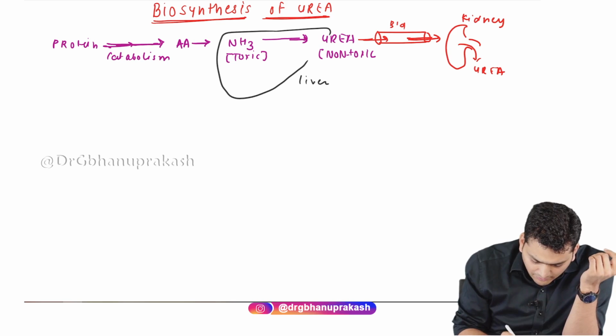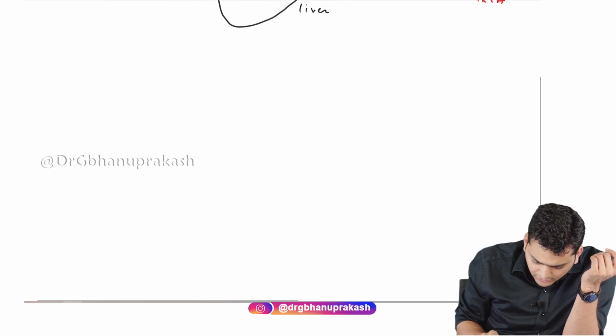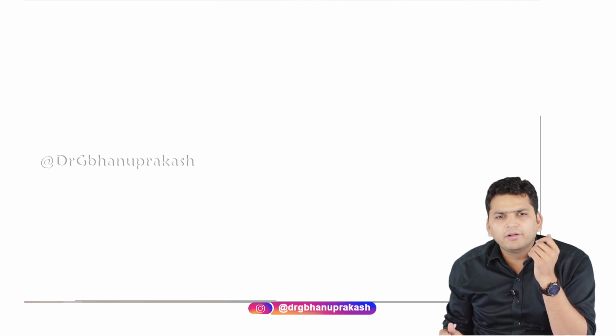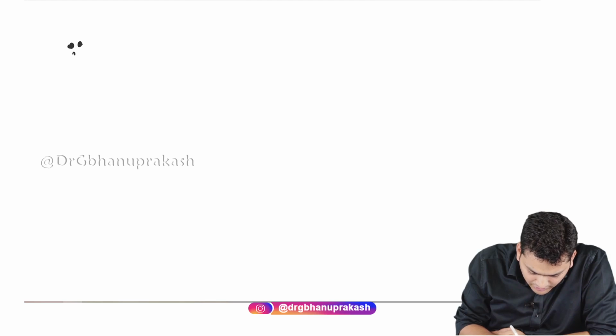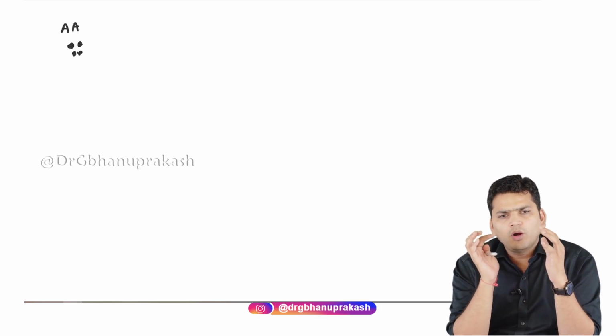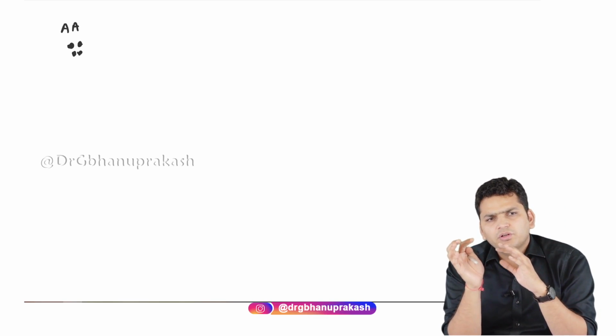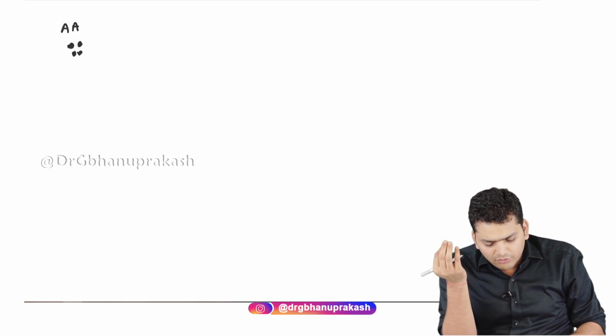To understand the micro details, I can put it this way. Say there are various amino acids in the tissue, and we want to catabolize them. First, we convert all the amino acids into glutamate. Why are we doing that?